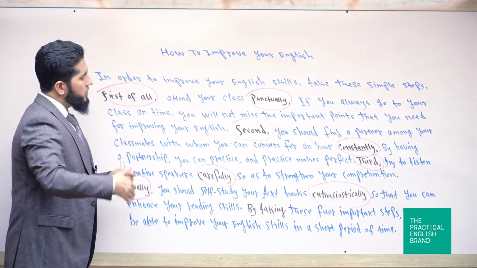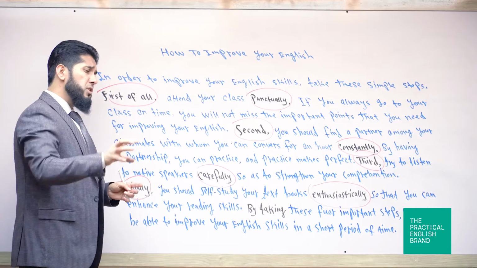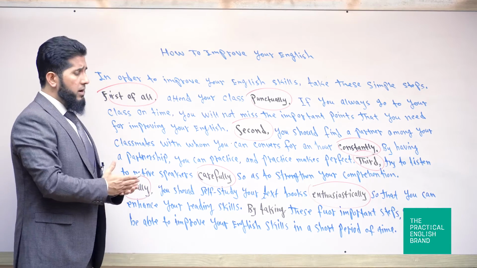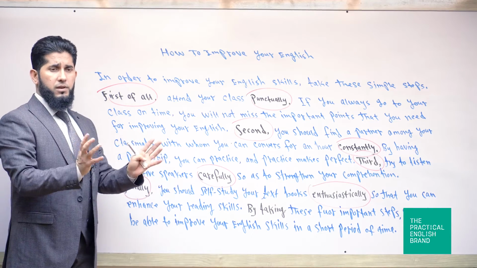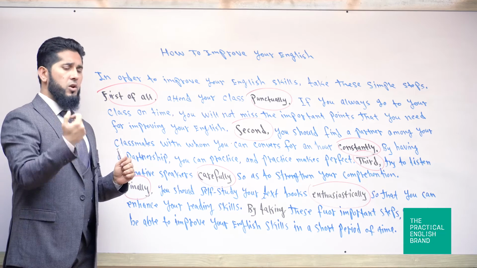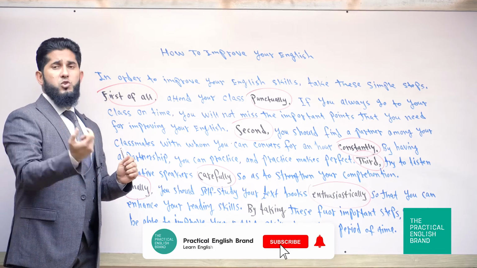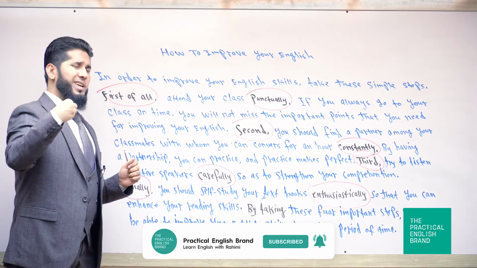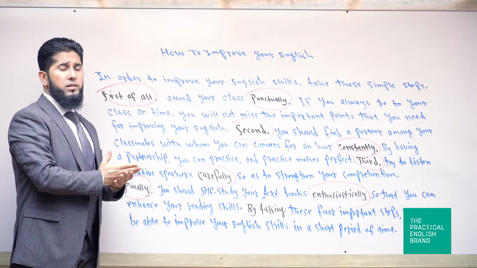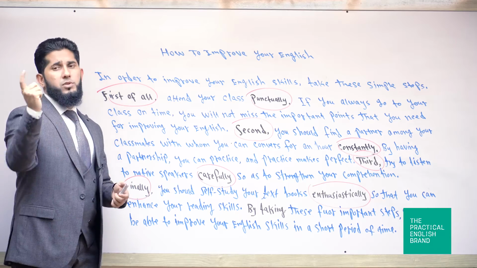So of course, after you are done writing, follow these simple steps, write your paragraph, and then look for the mistakes. If there are any mistakes, for example, subject-verb agreement mistakes, or collocation mistakes, or punctuation mistakes, or capitalization, just correct them and bring the final draft to your teacher.